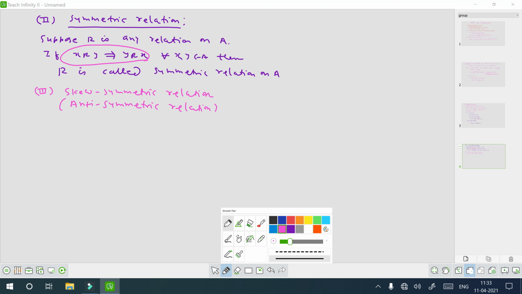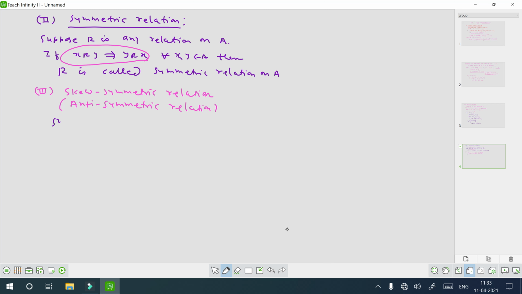Suppose R is any relation on A. If x R y and y R x implies x = y.